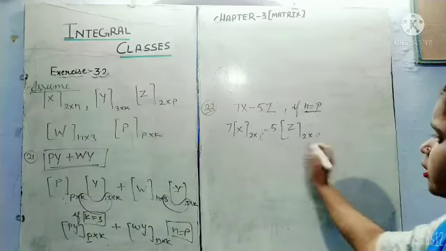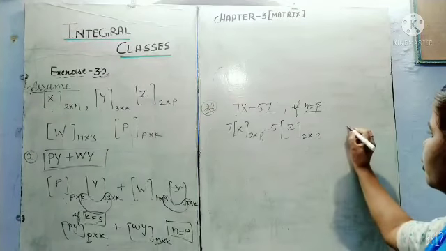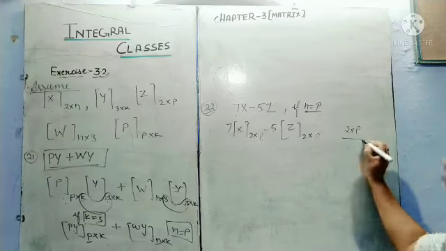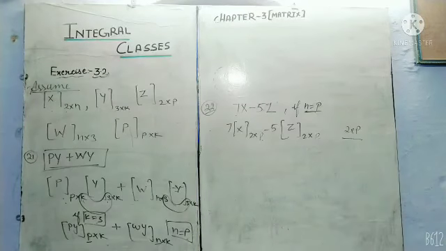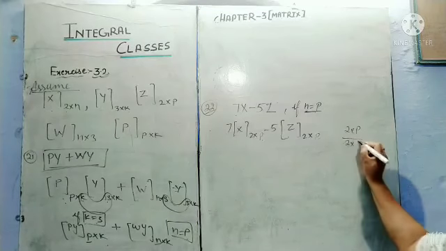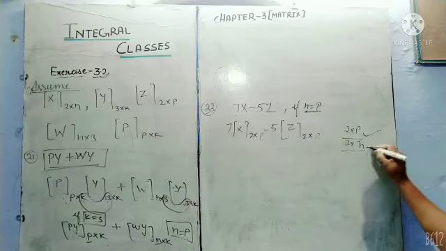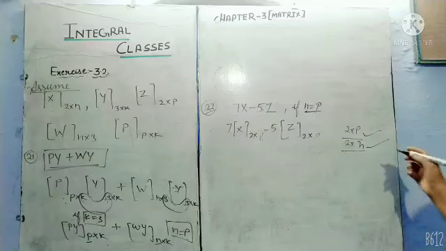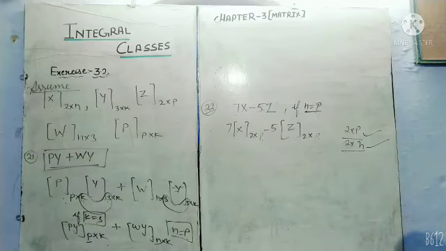So which order will we get? Here 2 into P. So the answer is 2 into P or 2 into n also. We will say these two answers are correct. If you want in an MCQ question, do it correctly.